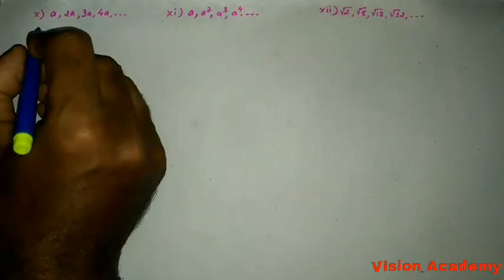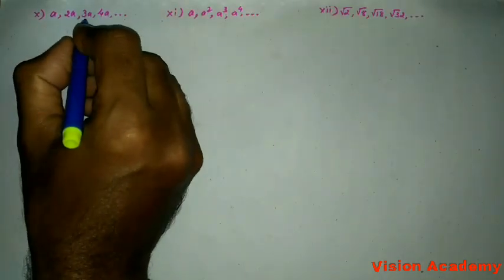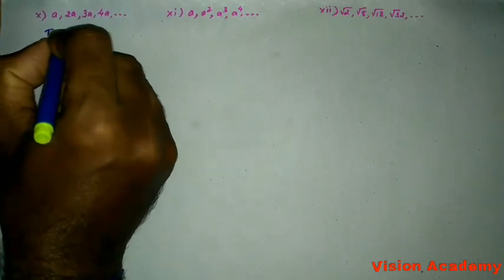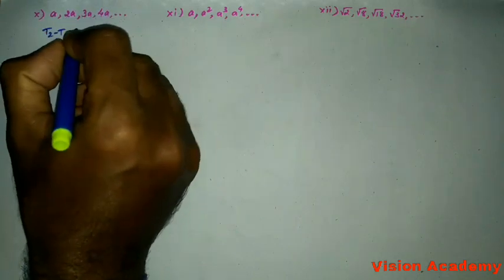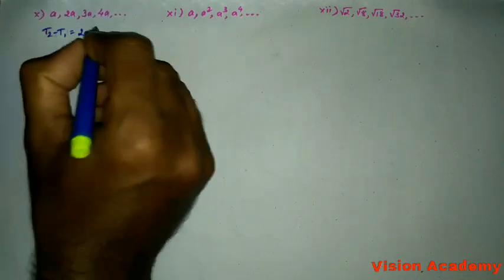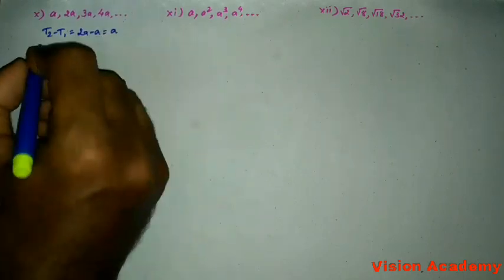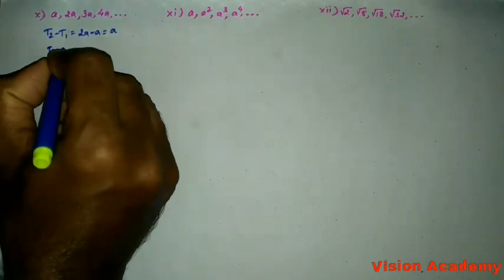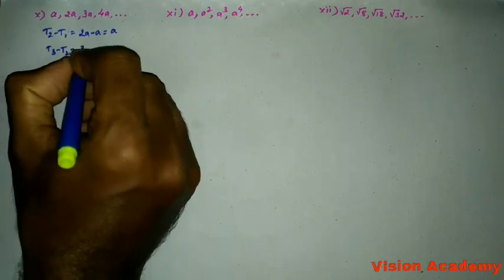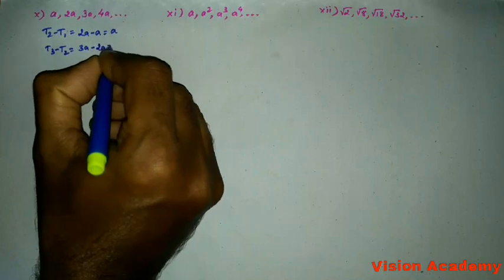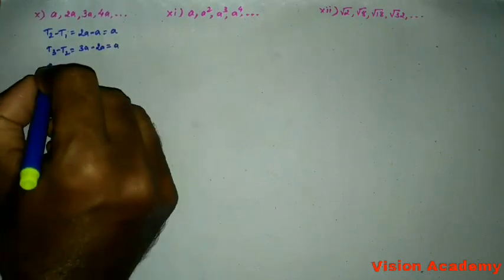Now let us solve question 10. A, 2a, 3a, 4a, and so on. Here we will write T2 minus T1 is equal to T2 is 2a minus T1 is a, which is equal to 2a minus a is a. Now T3 minus T2 is equal to 3a minus T2 is 2a is equal to a.